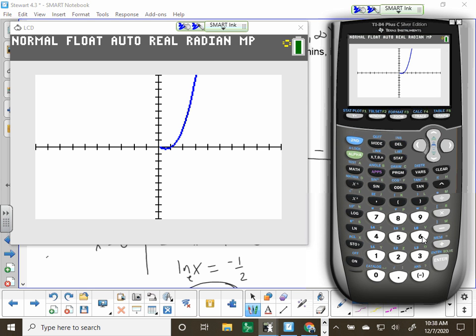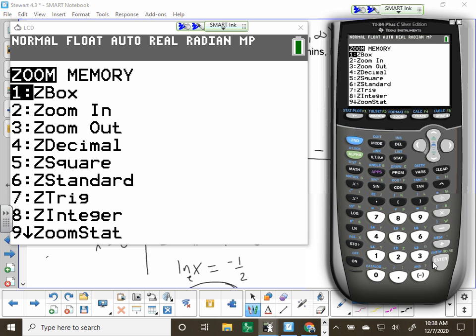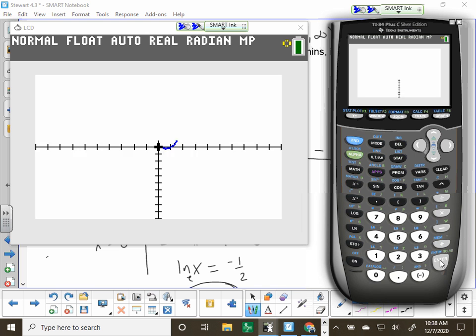And you can't even see where it's concave down and concave up. It does look like it's concave up the whole time, and it does look like there's some kind of relative minimum there. I'm going to zoom in once, so I'll go down here, zoom in on 0, 0, and now you can see it better.